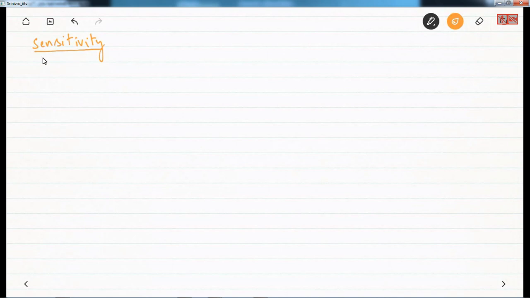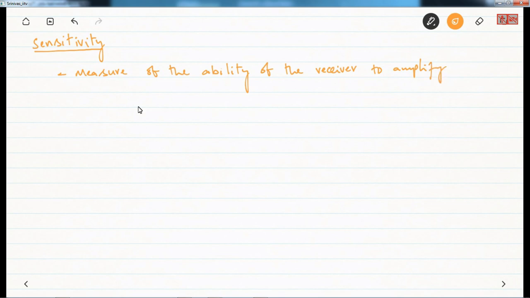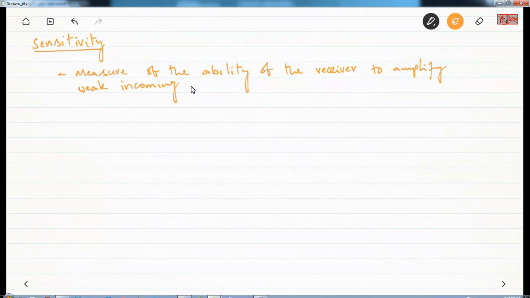So sensitivity is a measure of the ability of the receiver to amplify weak incoming signals.